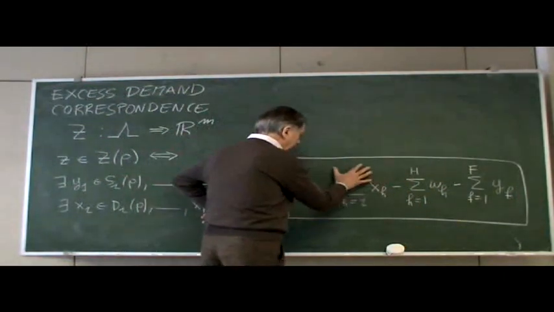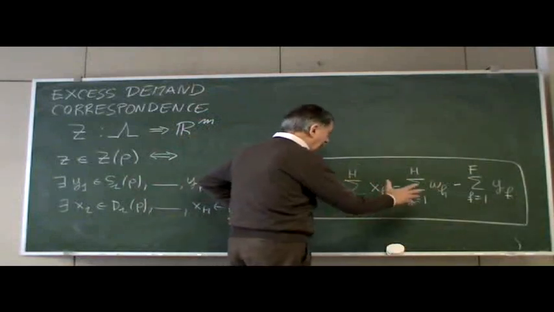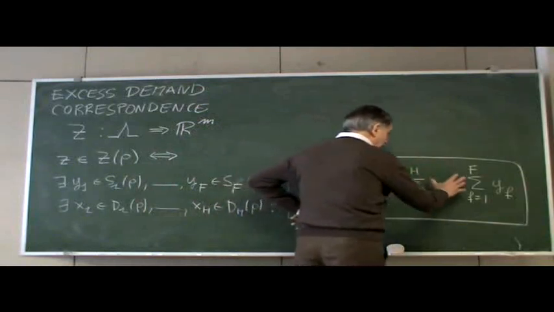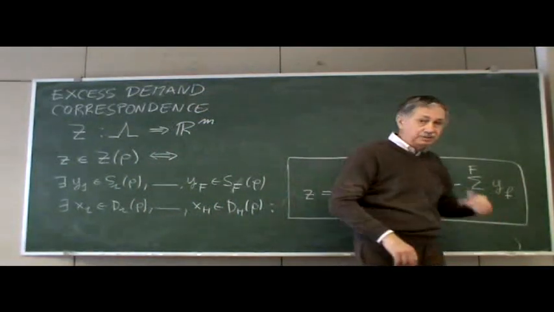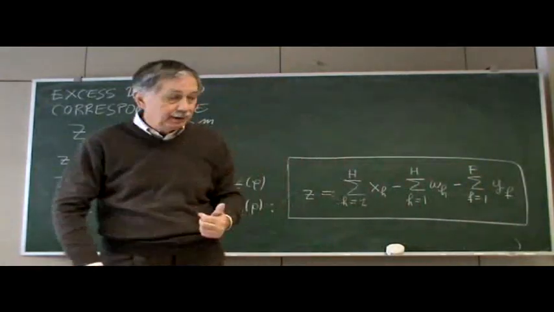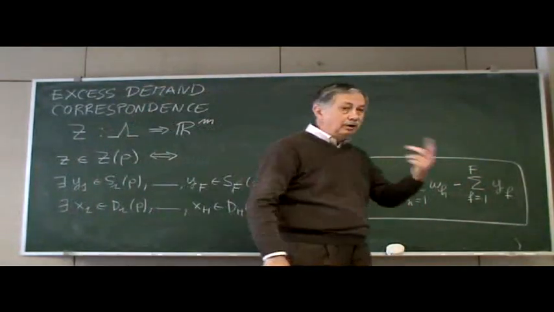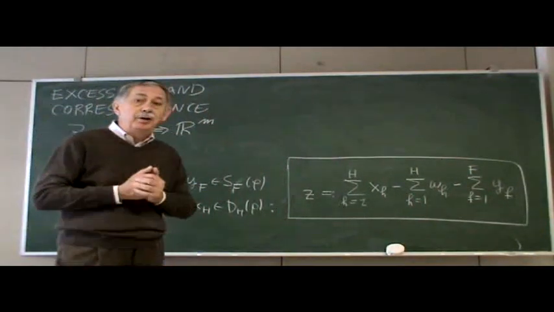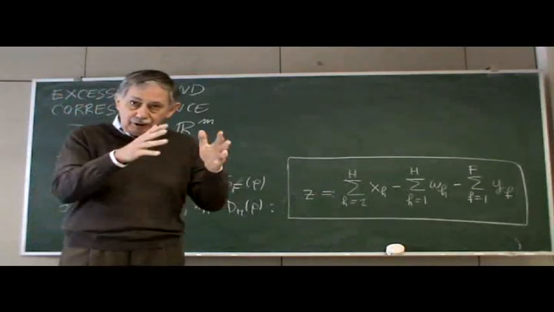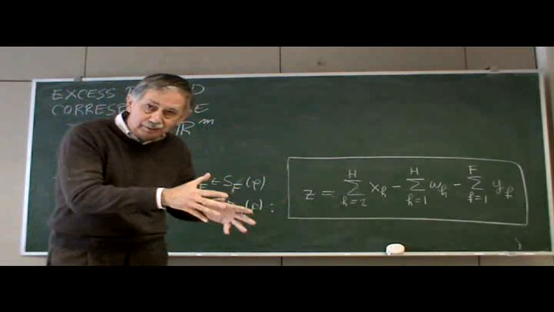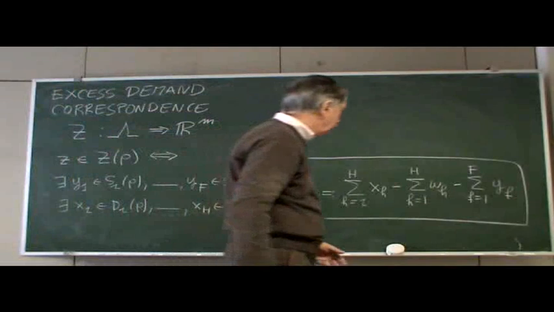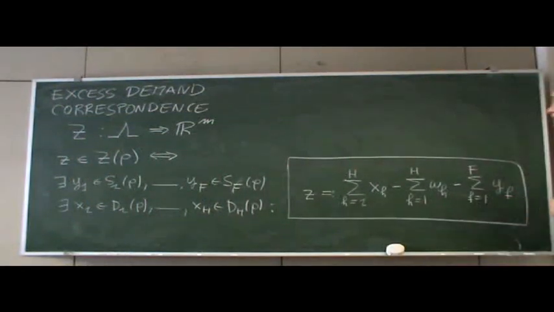The total demand of goods by the households minus the total initial endowments by the households minus the quantities produced by the firms or plus the quantities of factors employed by the firms themselves. Clearly, if a good is employed as a factor, there is not only the demand by the households, but also the demand by the firms of that good. This is the definition of excess demand correspondence.